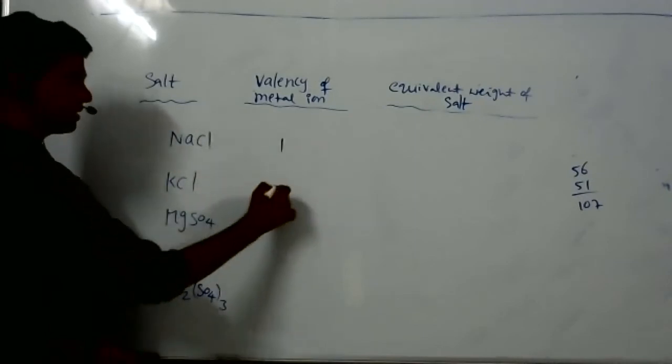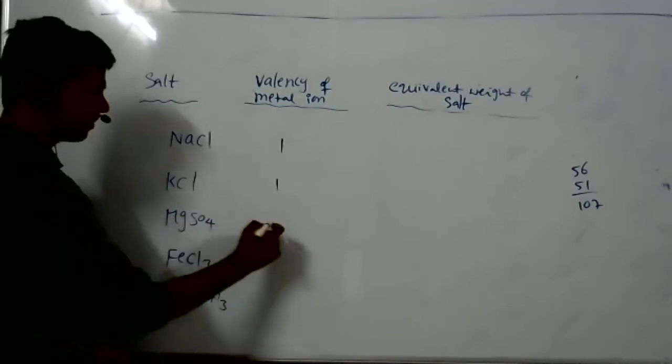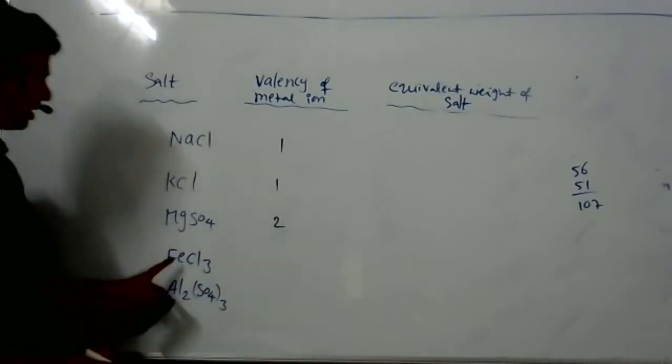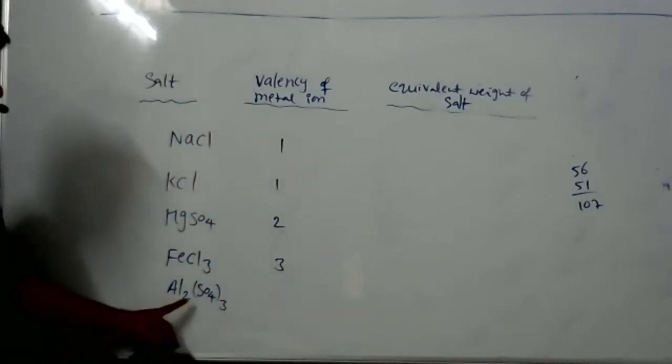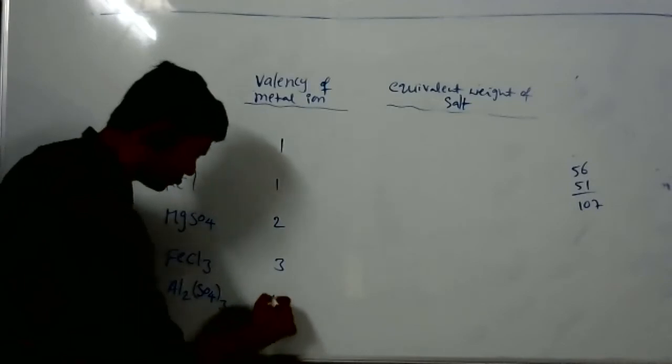In KCl also it is 1. In magnesium sulfate, magnesium carries +2 charge. In FeCl3, iron carries +3 charge. In aluminium sulfate, aluminium carries +3 charge, so just write 3.